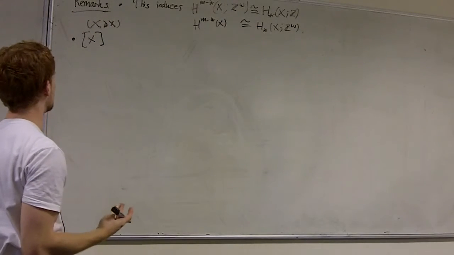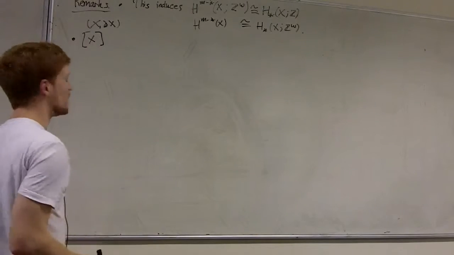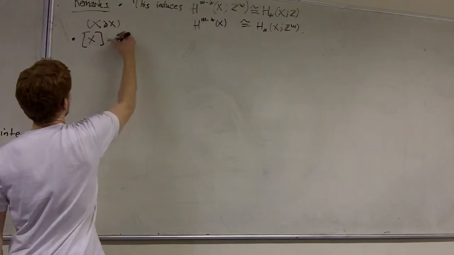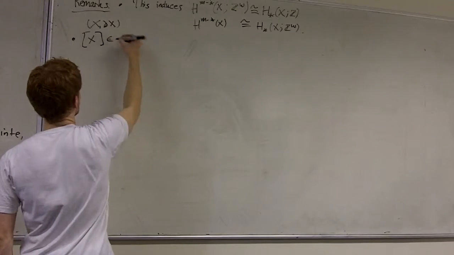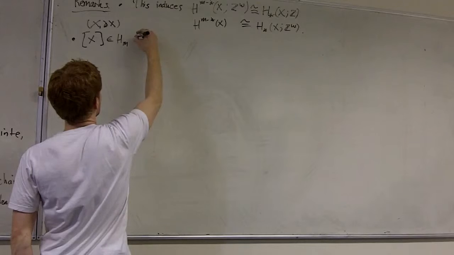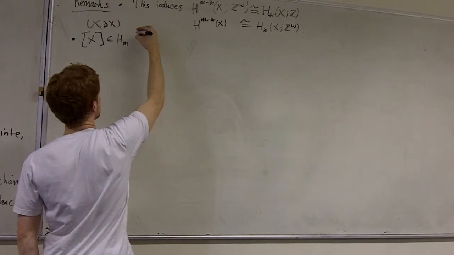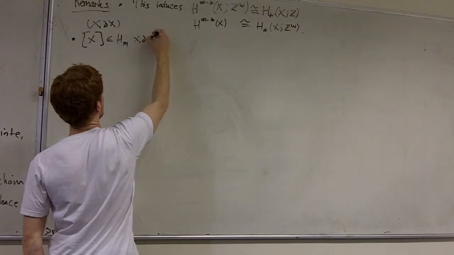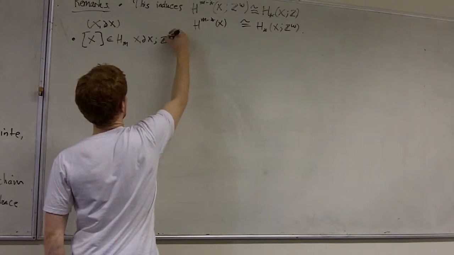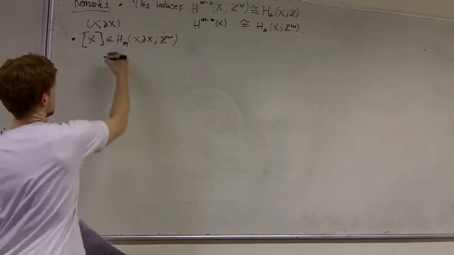It doesn't necessarily have to be a boundary because it doesn't quite make sense in the language of CW, but this is what I'll call it. So this is going to belong to the relative homology, again with twisted coefficients.